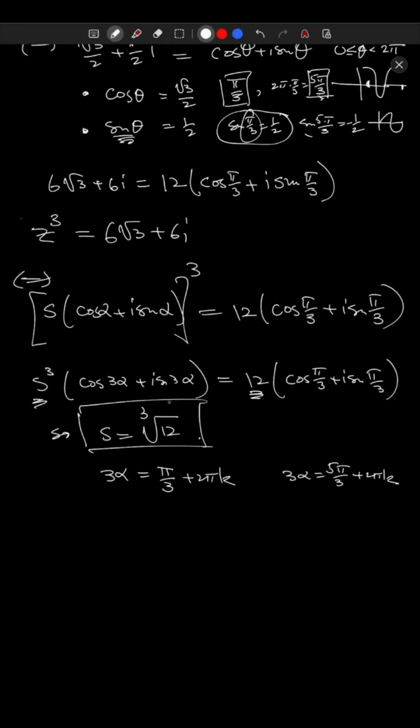But that one's not going to fit with the sine, just the exact same explanation as what we gave up here for not fitting, right? So the other solution is never going to work, okay? So it's very straightforward. We just get this. And so alpha is equal to pi over 9 plus 2 pi k over 3. All right.